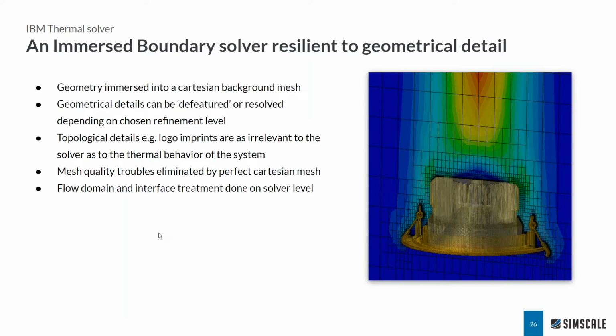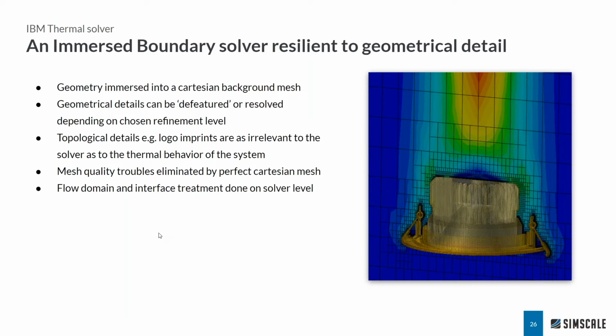So the first critical word is tessellated. The only requirement we have for a CAD part is that it be possible for us to tessellate it. So if you have an assembly of 50 parts, the only requirement is that we have to be able to tessellate it, which is a much lower requirement than all the other CAD operations that you might need if you have a body-fitted grid.